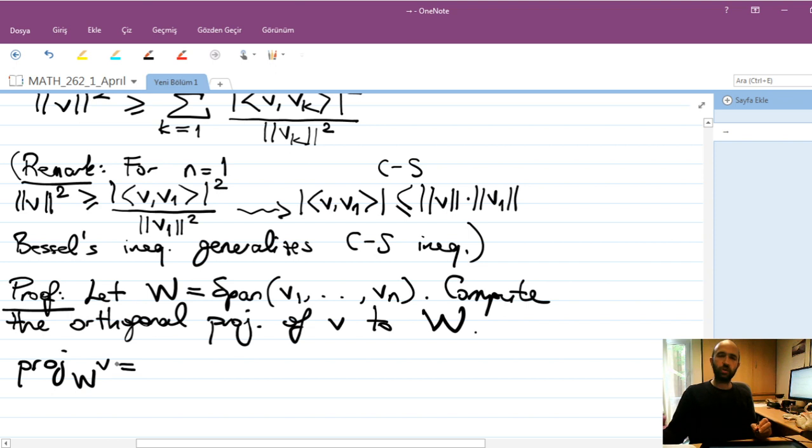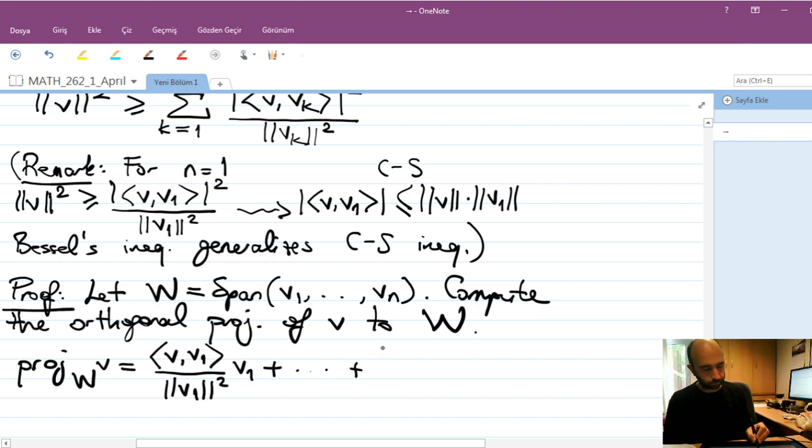You just have to compute the inner products of v with these vectors and suitably normalize, then multiply by the relevant vectors. That was the procedure. You do this for each of them.